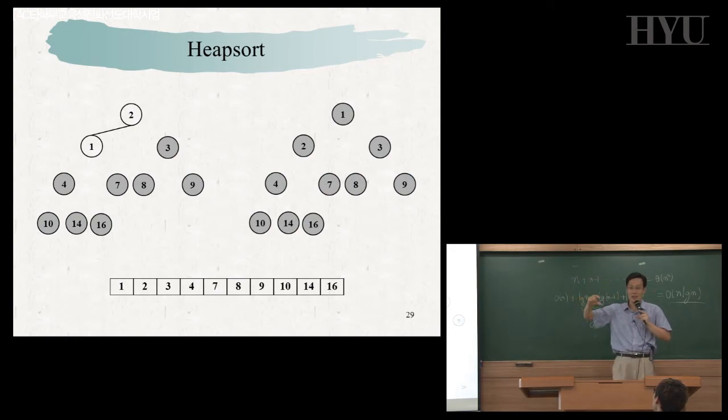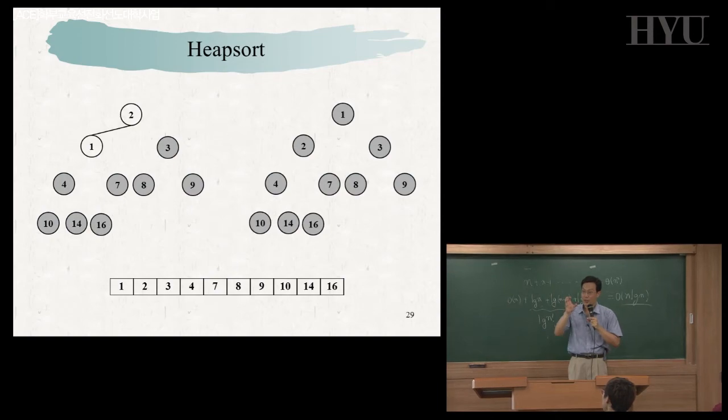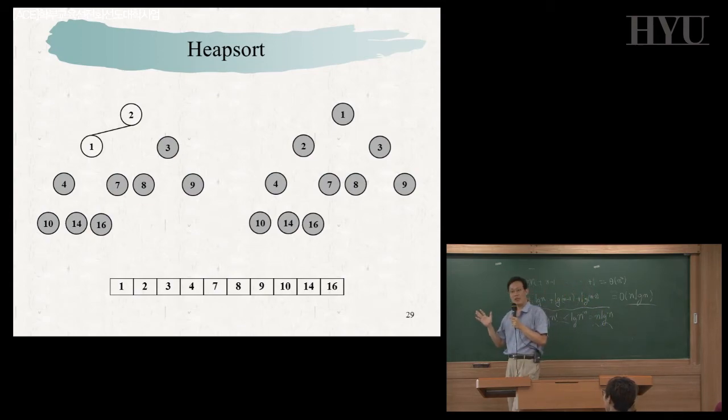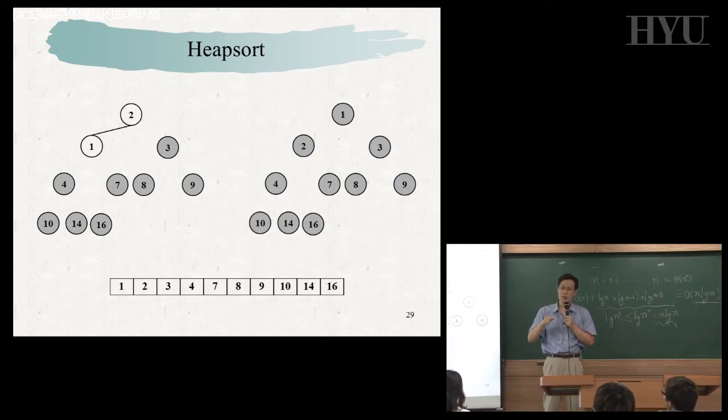It needs another array of n elements for merging. Okay? But insertion sort doesn't require any such large memory. But how about this? In this case, we extract something to store it. So it looks like requiring additional memory. Okay? But it doesn't.